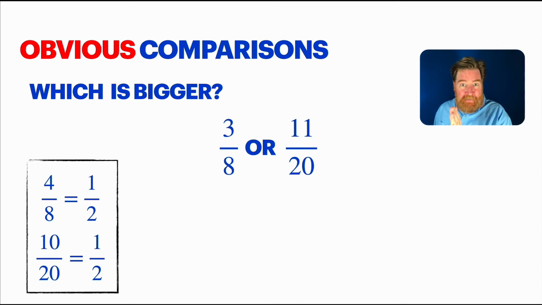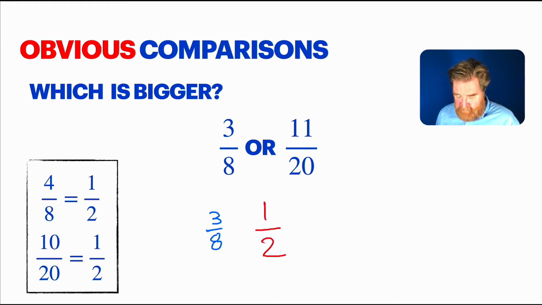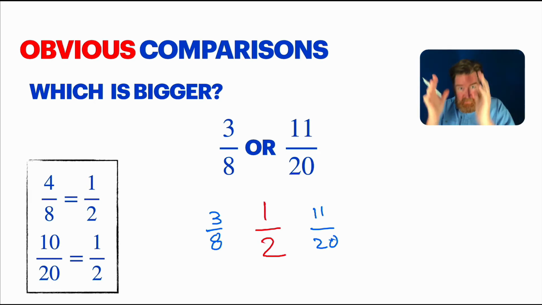So 3/8, let me draw something here. We've got 3/8, we've got 1/2, and then we have 11/20ths in order from left to right. They're getting bigger, right? 3/8 is smaller than a half. There's 1/2, just our reference point, our benchmark.